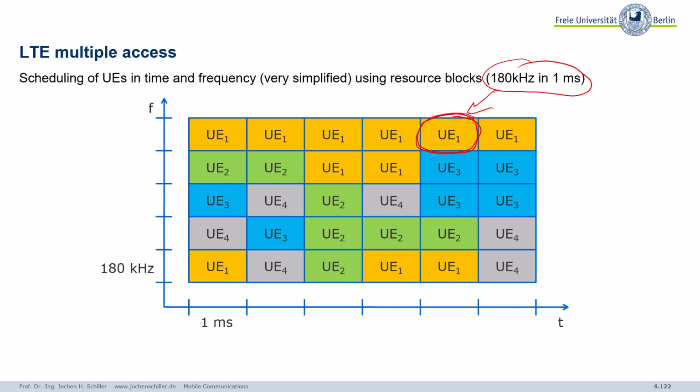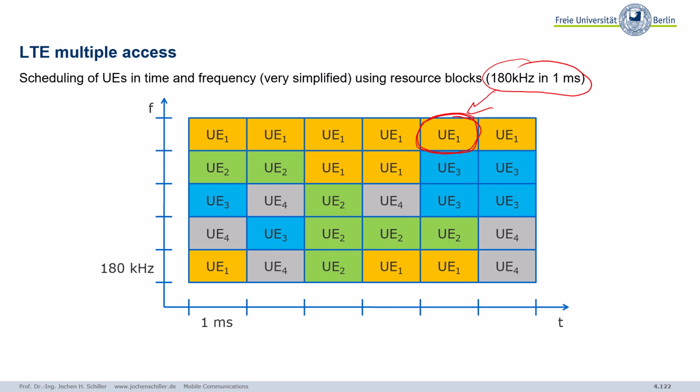So in the end, it's up to the eNodeB to perform this scheduling inside a cell to allocate resources. Resources means time slots and parts of the spectrum to certain devices. So that's very roughly the idea here.